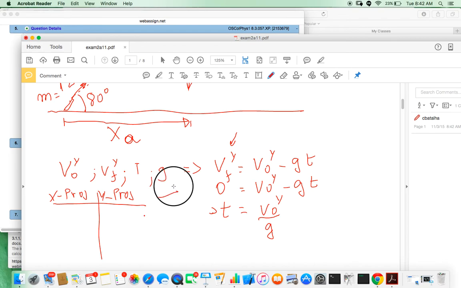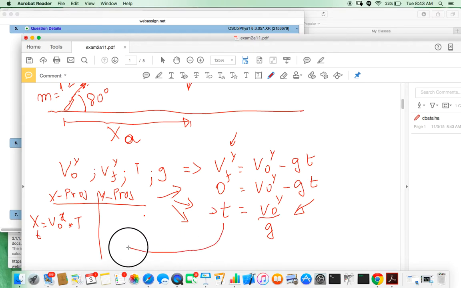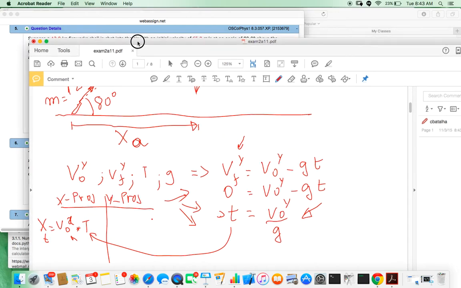So basically, all this information we developed here was pretty much obtained by using Y projection information. So in the X projection, the only thing we really have is the range, or the position as a function of time is equal V naught x times time. So we can take this time, multiply by V naught x, and have the solution of the first part.